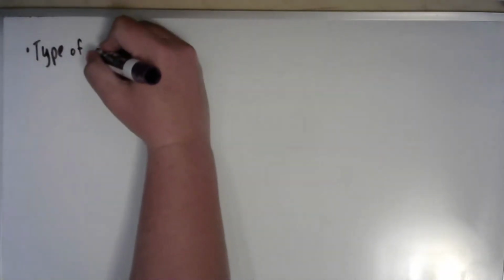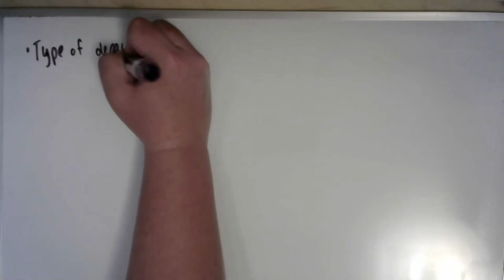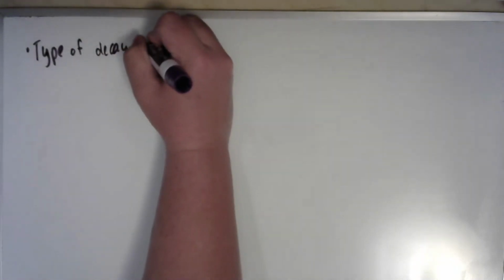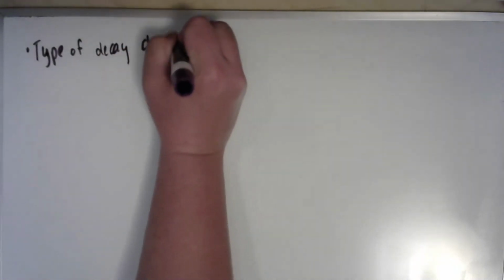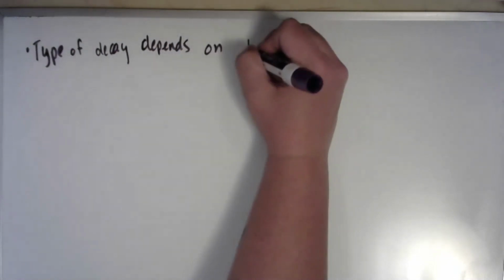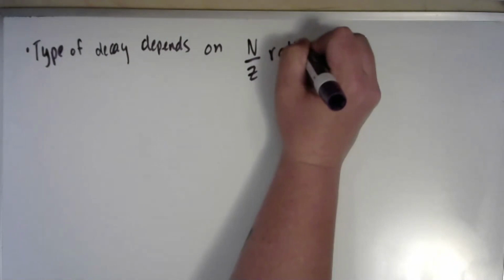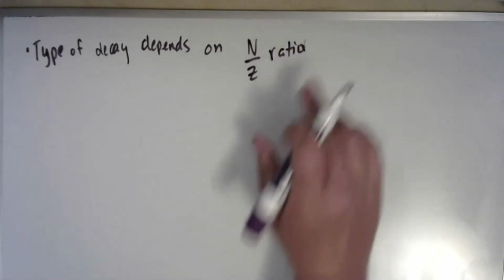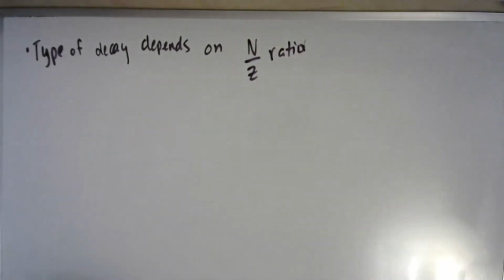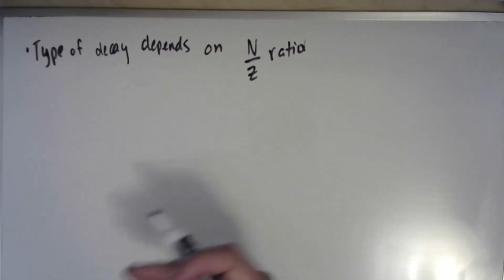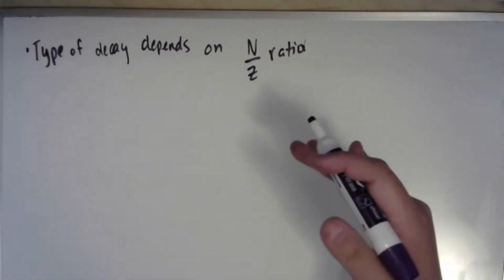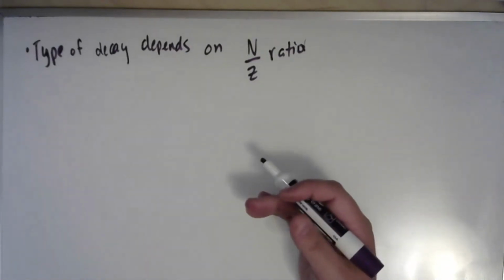So the type of decay is going to depend on your N over Z ratio. You see in your lower atomic numbers that N over Z ratio is very close to 1, but that ratio gets higher and higher as your atomic number increases.